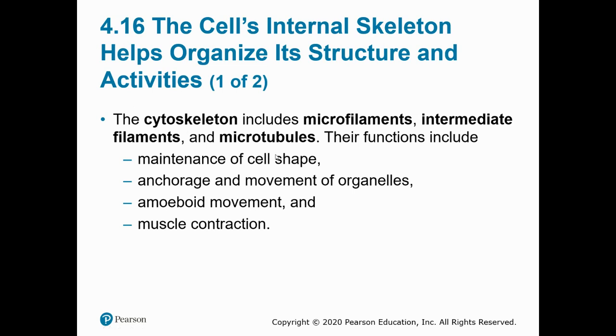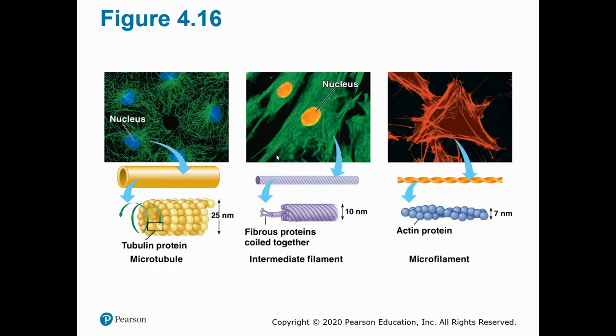They help with movement of things within the cell, and they also help with contraction. And so here are examples. This is what a microtubule would look like. This is what an intermediate filament looks like, and this is what microfilaments look like.